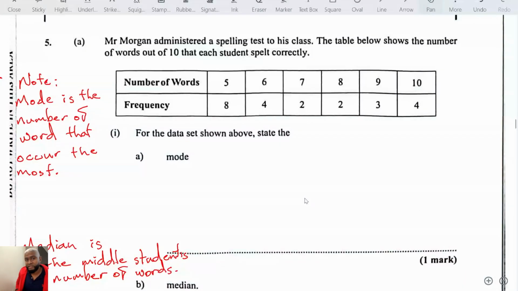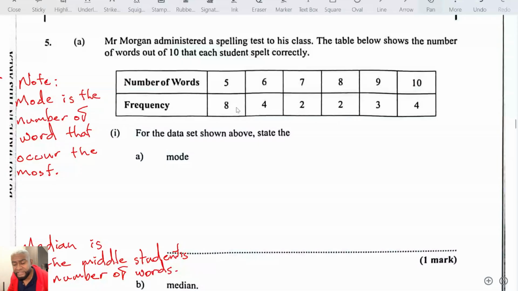Which number of words occurs the most? Which one has the greatest frequency? 8? That's wrong. 8 is not the answer. Which number of words has the greatest frequency? You all know how this data is read, right?